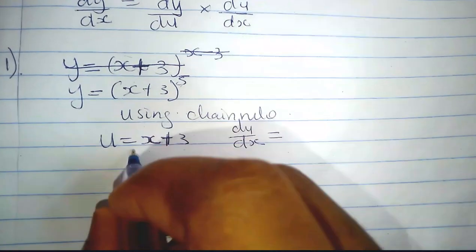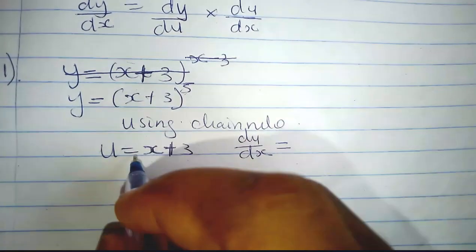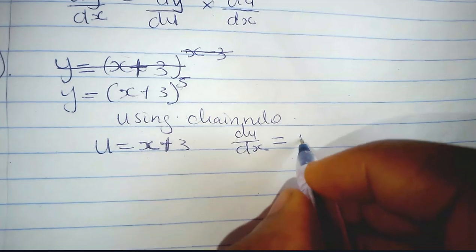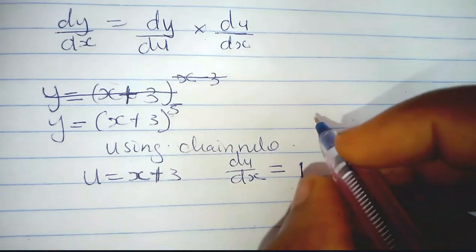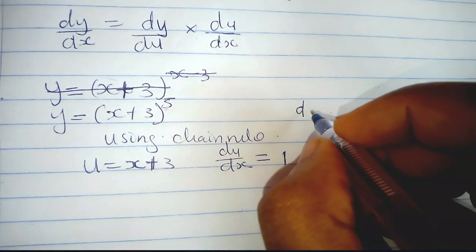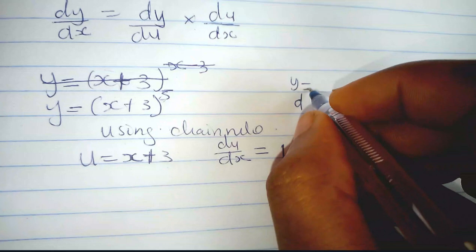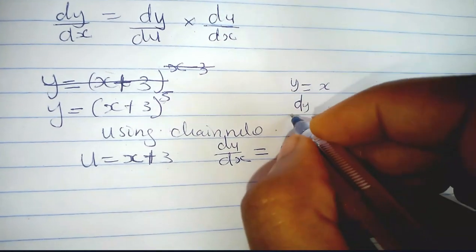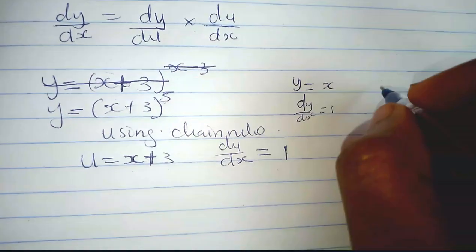Differentiating this alone, what are we going to have? We're going to have 1. Why? Remember those rules I gave in the first video. If y is equal to x, dy/dx is equal to 1.